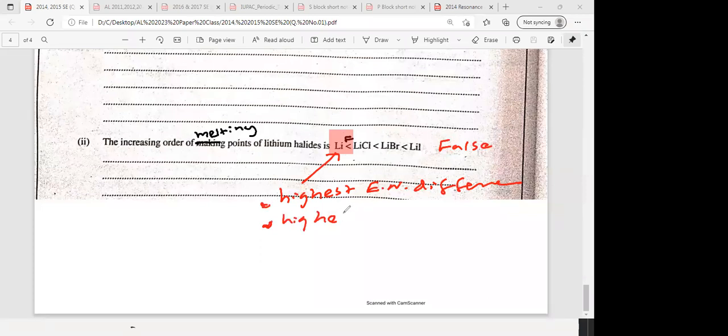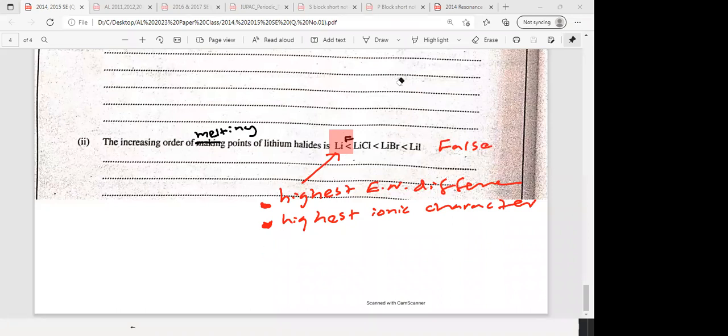Highest ionic character. Third one, highest melting point. Therefore the melting point becomes highest. So lithium iodide will be the lowest.